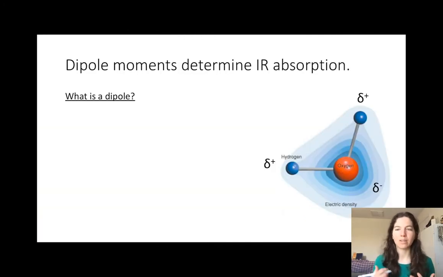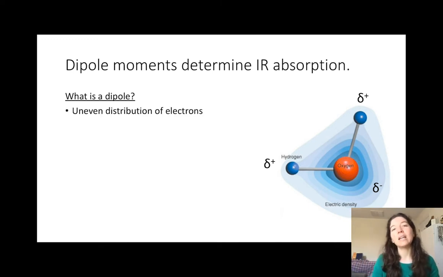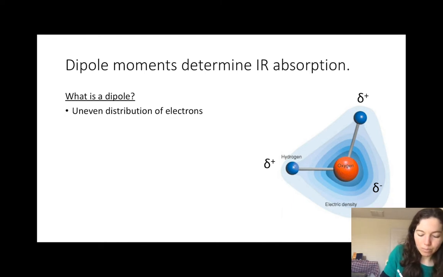So what is a dipole moment? Since I've been talking about this, what is a dipole inside of a molecule? What does that mean? So this is an uneven distribution of electrons inside of molecular compounds, or molecular molecules. So you might have heard it as covalent compounds. So molecular/covalent compounds.